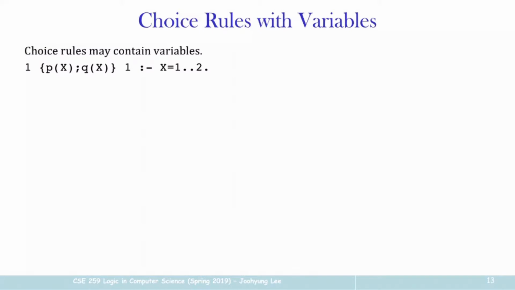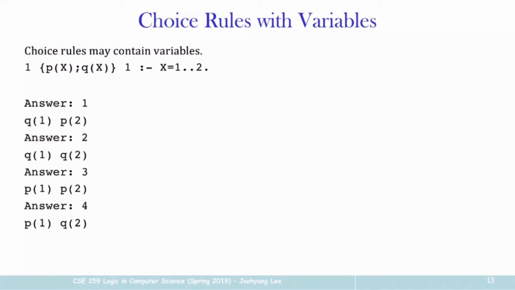Of course, now you understand the choice rule can contain variables. So here x, is it local or global? Global. So when you see this, the Clingo will first try to turn this into ground rules.